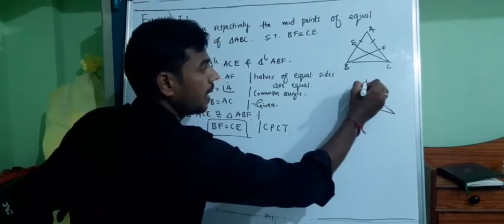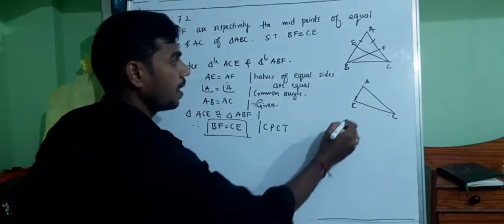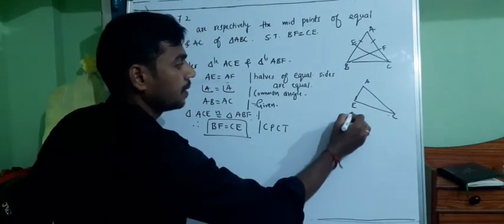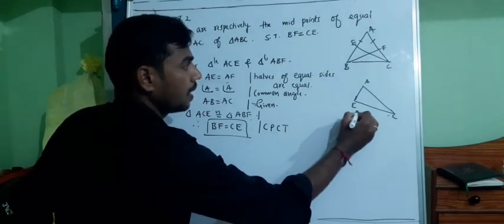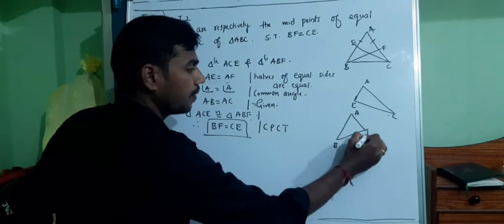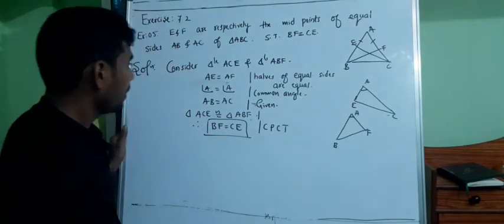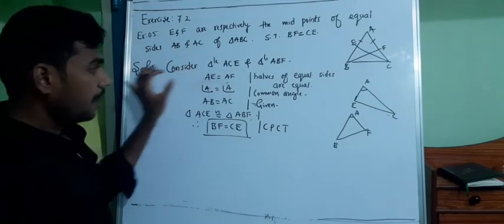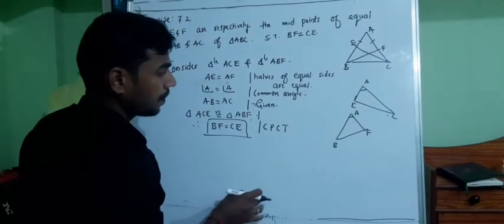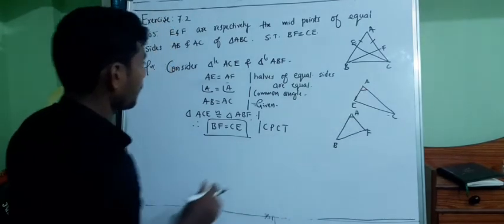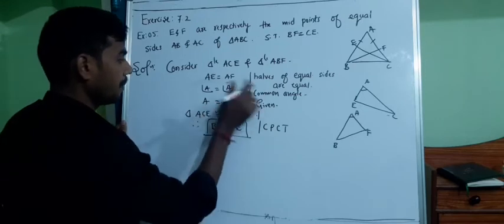This is A, E, C, and this is A, B, F. See, angle A, angle A. AE, where is AE? AE is here. Sorry. AC is equal to AB.